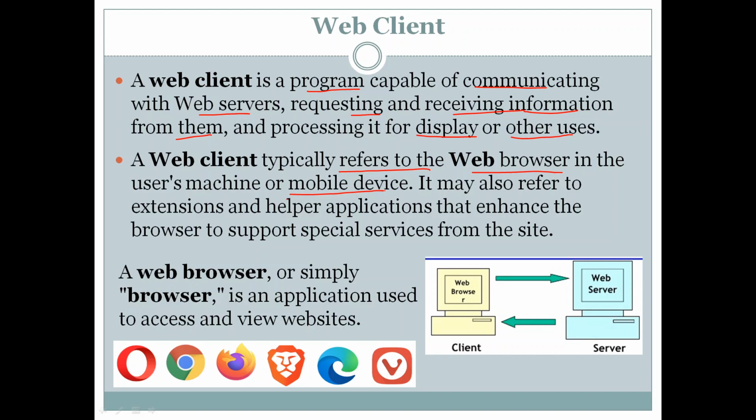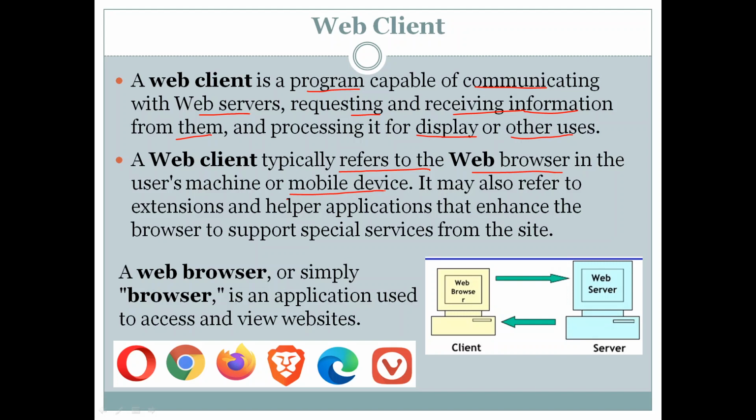If you look at the first definition, it is a program which is capable of communicating with a web server. So a web browser is one program which is capable of communicating with a web server. By using a web browser, we can send a request to the web server for a particular web page. For example, if I want to view a Facebook page, what do I do?